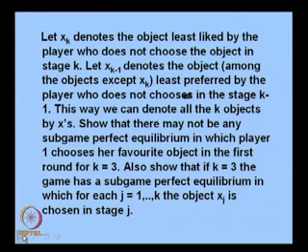There is another part of this question also: show that if k is equal to 3, the game has a subgame perfect equilibrium in which for each j going from 1 to k, the object xj is chosen in stage j. So, xj, j could be 1, 2, 3.